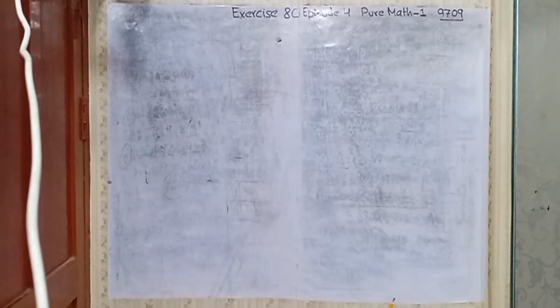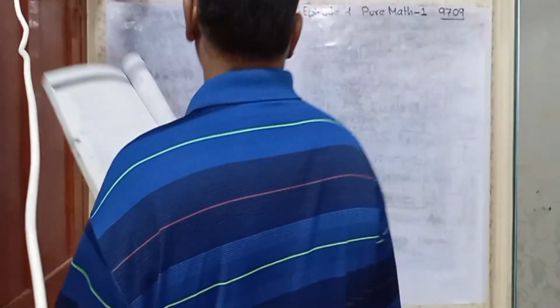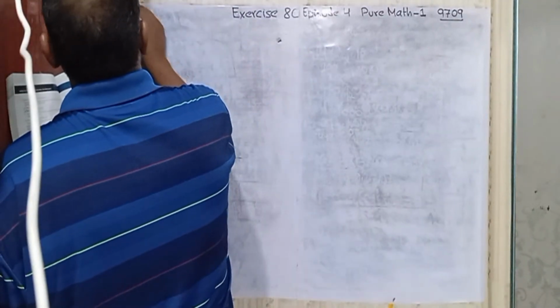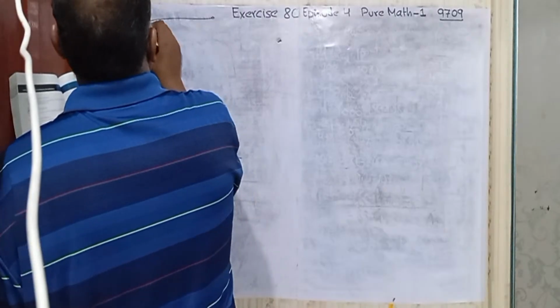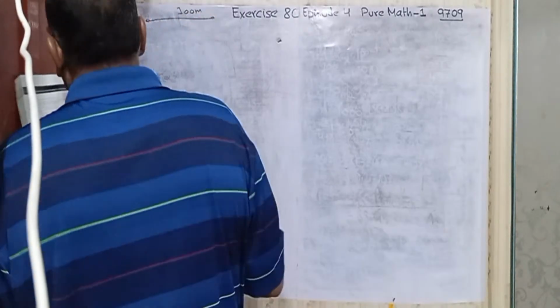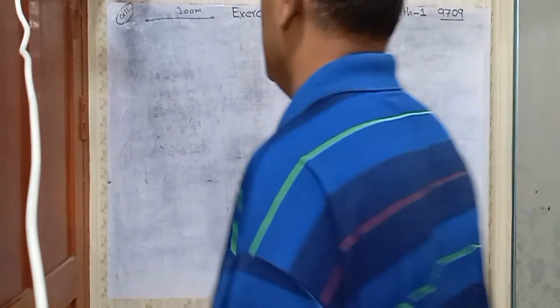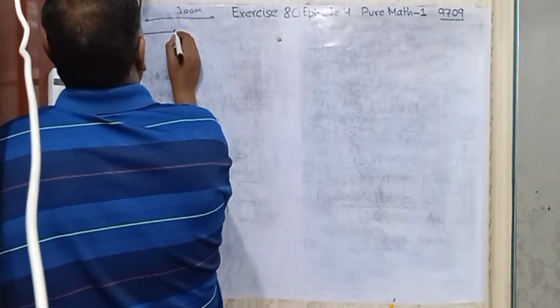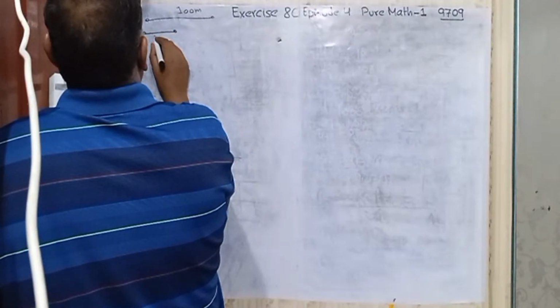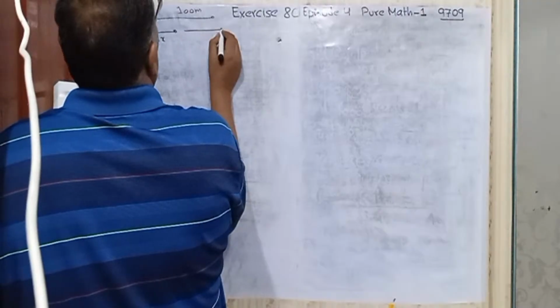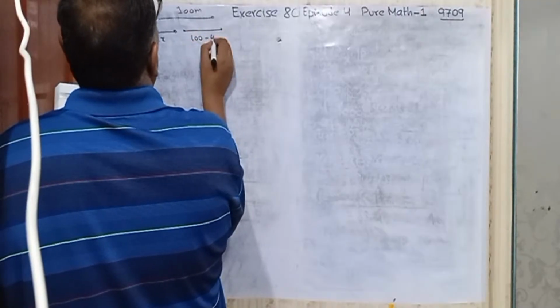Okay, so what we are going to do, we have a wire. Try to understand this story, okay? So question number 11. We have a wire, and this wire is 100 long. So they cut it into 2 pieces. Okay, so this is 4x, and obviously this is 100 minus 4x.